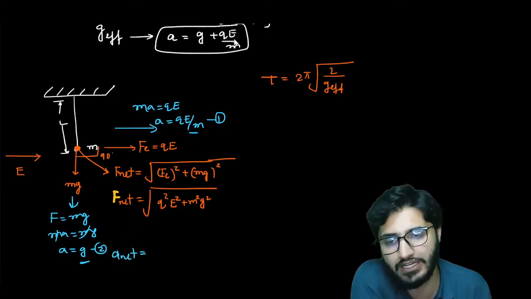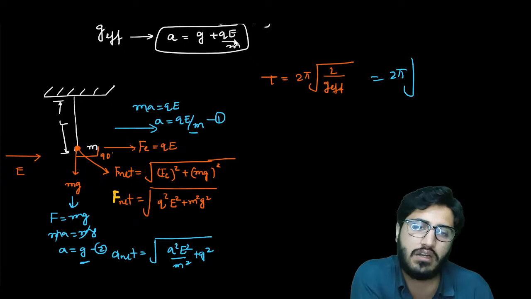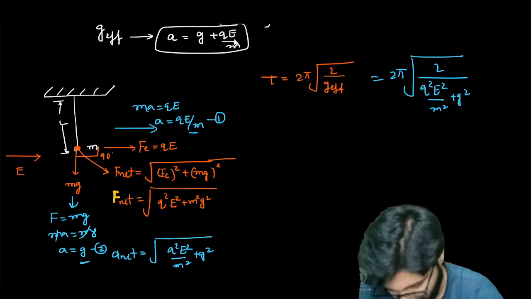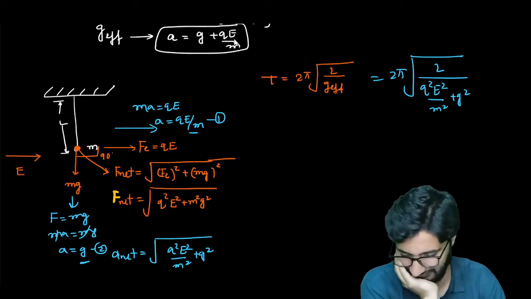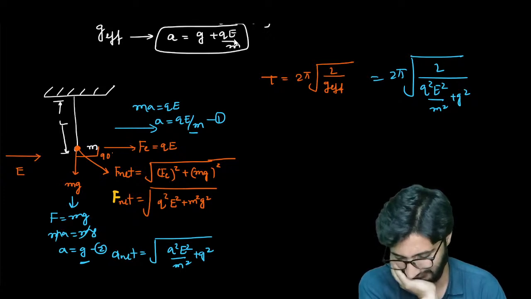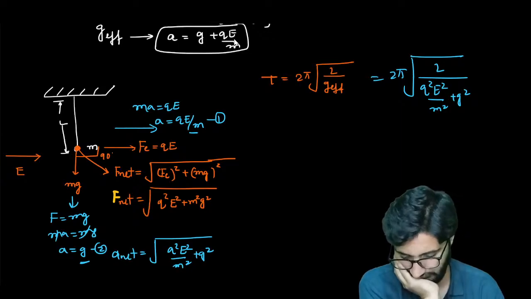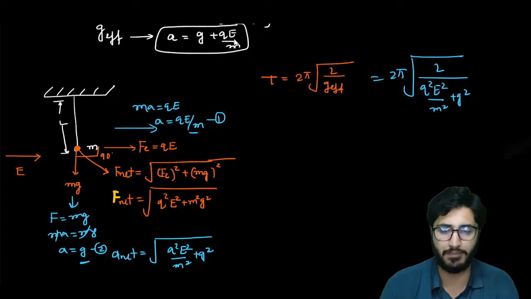So my net acceleration equals under root of q squared E squared by m squared plus g squared. So T equals 2 pi under root of L divided by under root of q squared E squared by m squared plus g squared. This is how we can manipulate our numericals based on our needs.